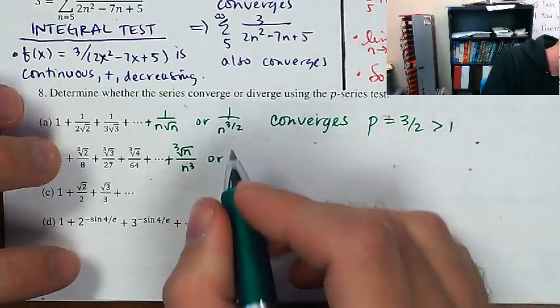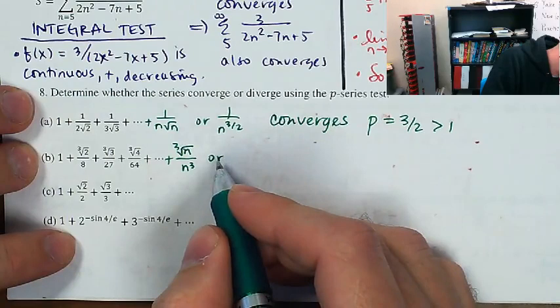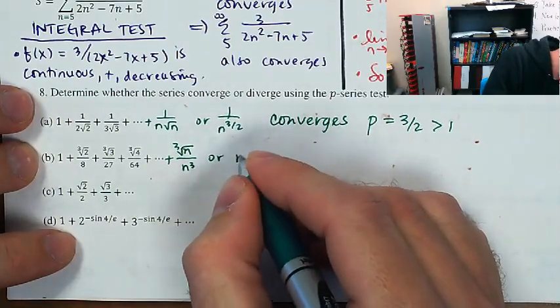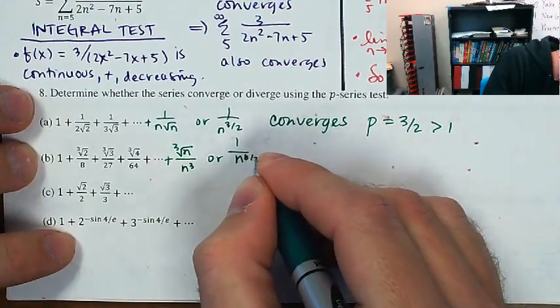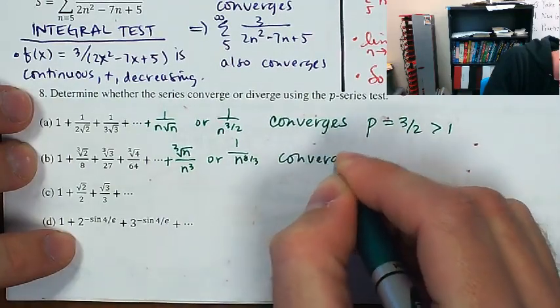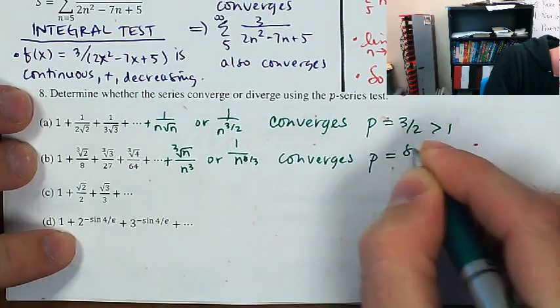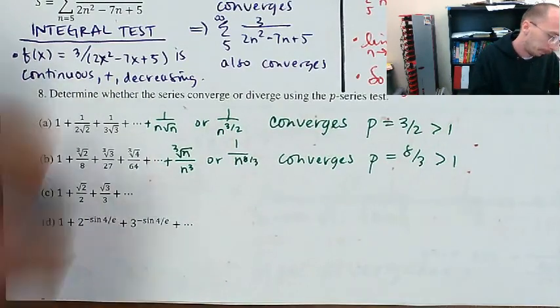Pardon me, got distracted by an email. So 1 over n to the 8/3. This is going to converge because p is equal to 8/3, which is bigger than 1.